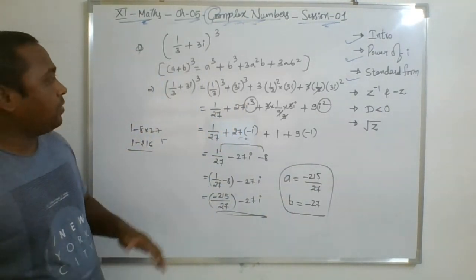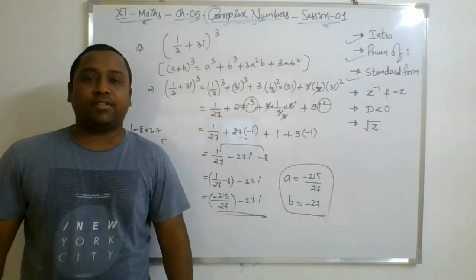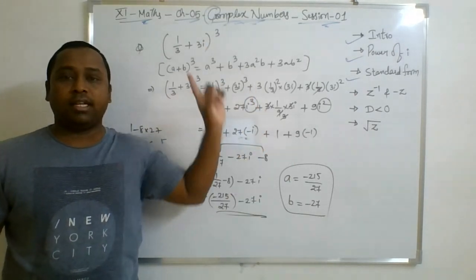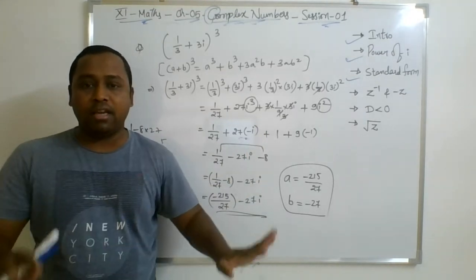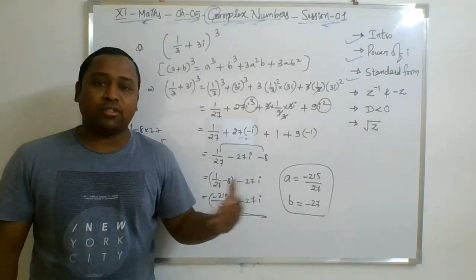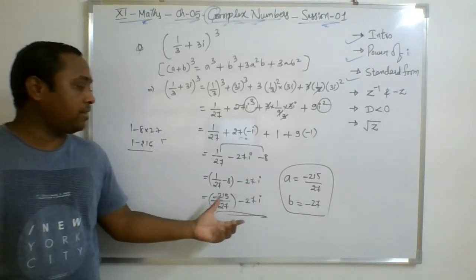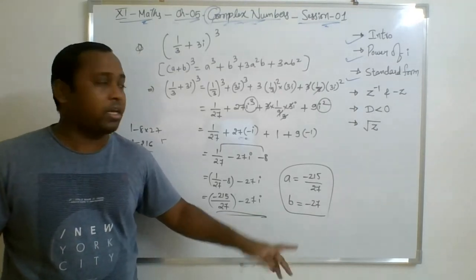So, friends, I hope you have understood how to express the given question in a + ib form, just by simply simplifying the expression as much as you can to express it finally in the form of a + ib.